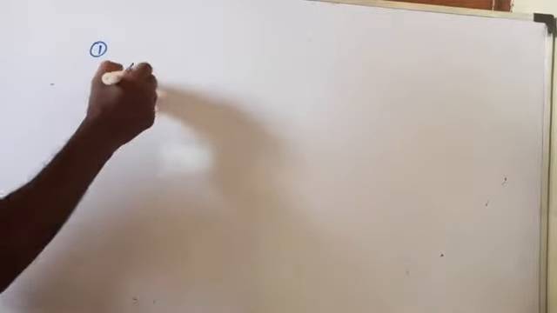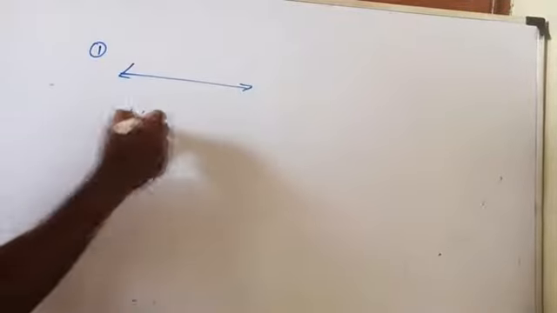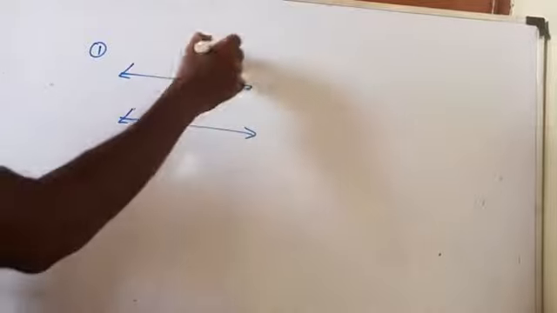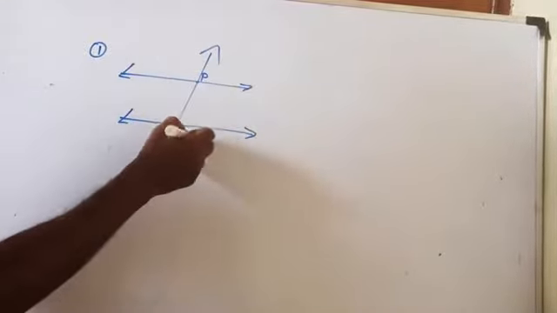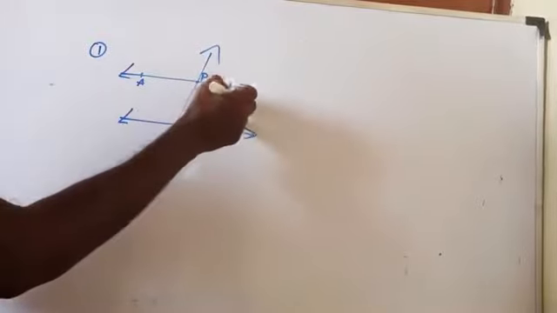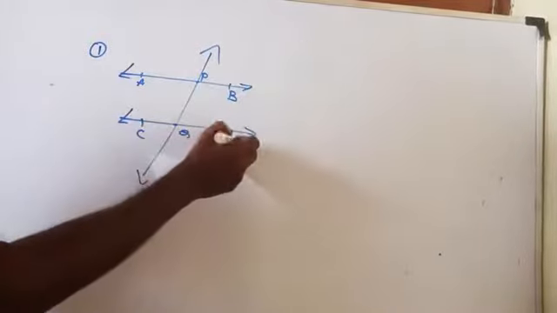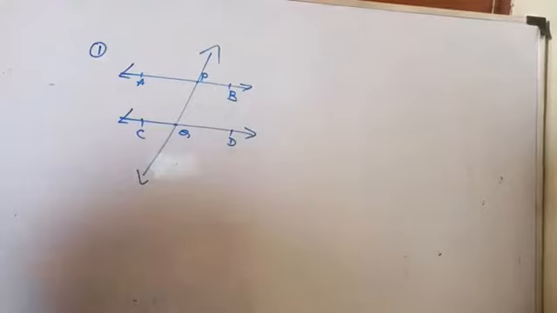If AB and CD are two parallel lines intersected by a transversal PQ. After that, what is given?